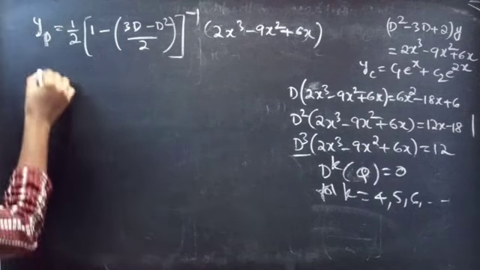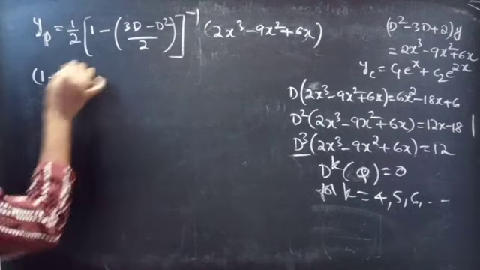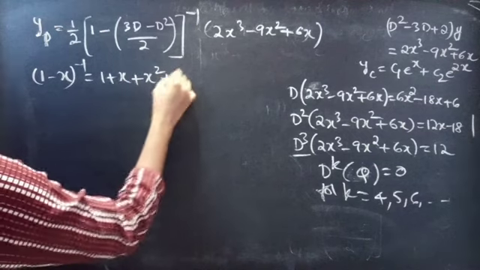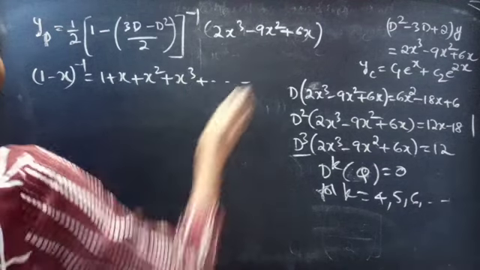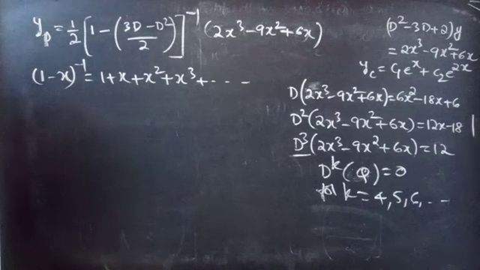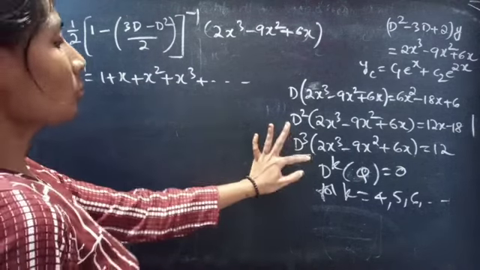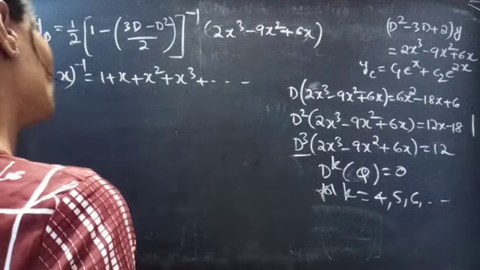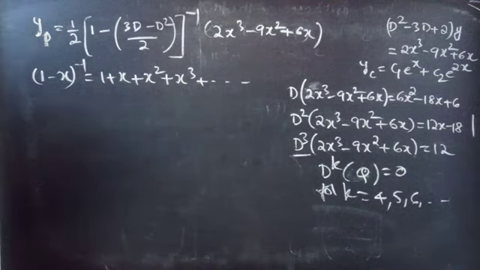We know that (1 minus x) whole inverse is 1 plus x plus x square plus x cube plus so on, right? And we know that the derivatives from d cube are 0, so we'll neglect higher powers from d power 4, d power 5, or highest derivatives from d power 4.